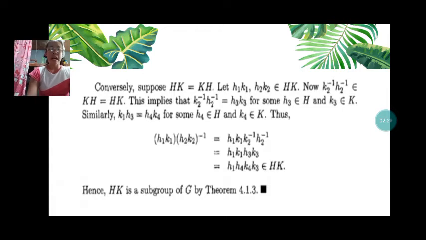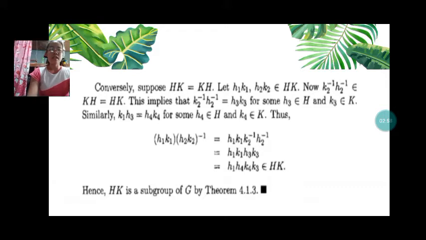This implies that k sub 2 inverse h sub 2 inverse is equal to h sub 3 k sub 3 for some h sub 3 element of H and k sub 3 element of K. Similarly, k sub 1 h sub 3 is equal to h sub 4 k sub 4 for some h sub 4 element of H and k sub 4 element of K.